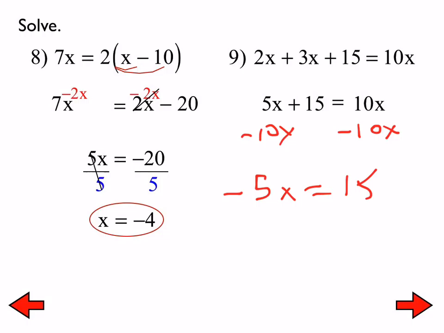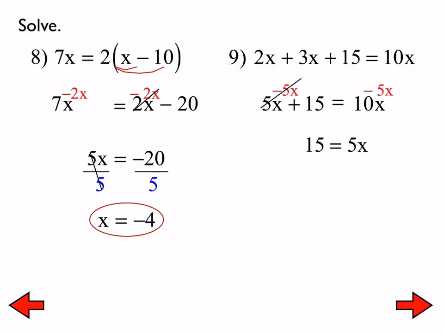You can't just move it willy-nilly wherever you want. It is plus 15 equals 0. So make sure you do that if you choose to minus 10x. However, I'm going to avoid having that 0, and I'm going to leave the 15 by itself on this side instead and subtract 5x. So that 15 equals 5x, then divide by 5, x equals 3.